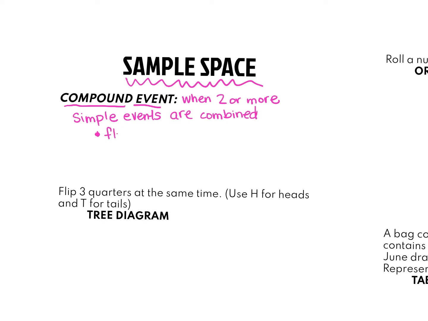This might be flipping two coins. So all the different outcomes that you can get from flipping two coins. It might be something like drawing a card and picking a marble. So two things are happening here.